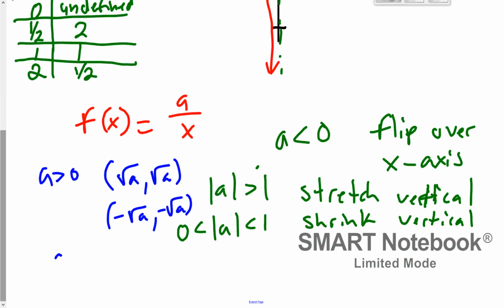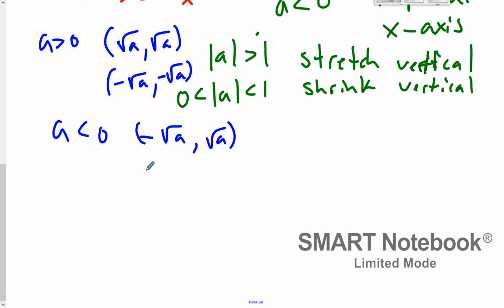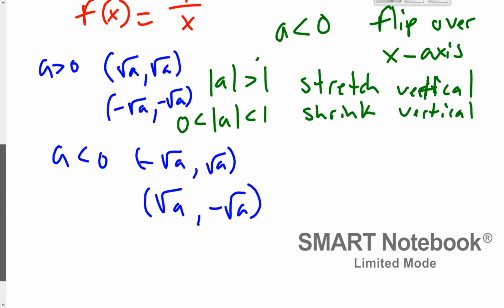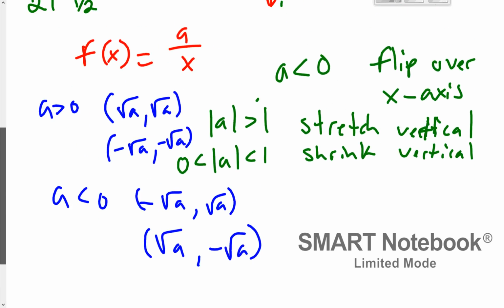Now if a is negative, then it's going to be negative square root a, comma square root a, and positive square root a, comma negative square root a. So that's how you can find those closest points for the reciprocal function.